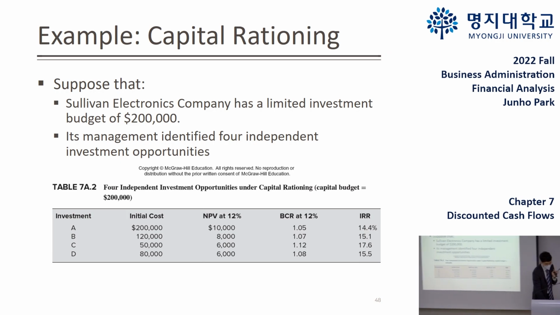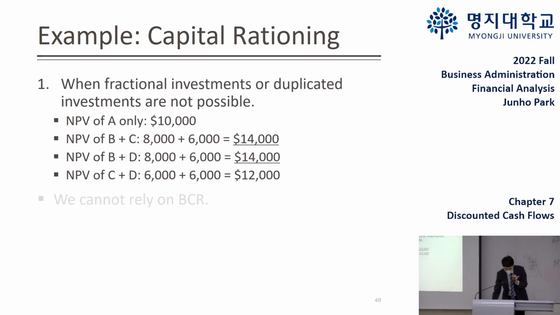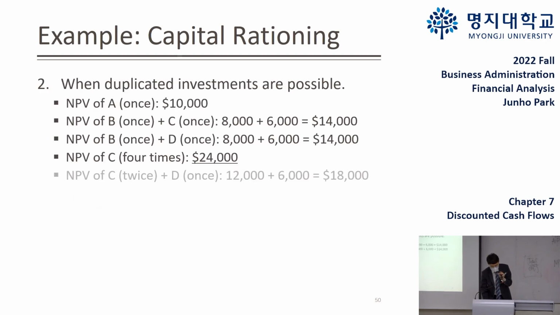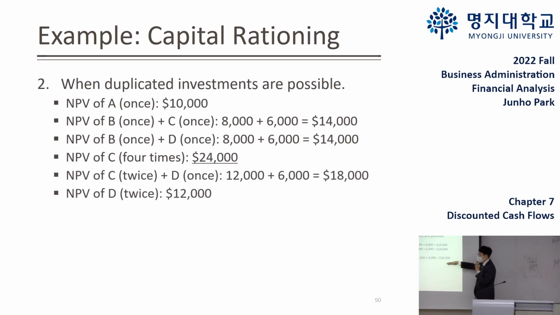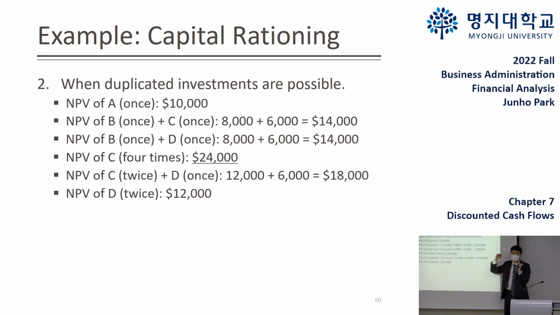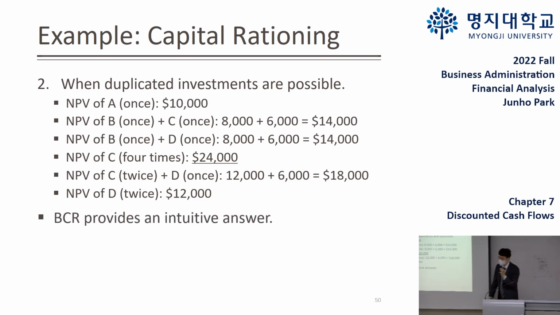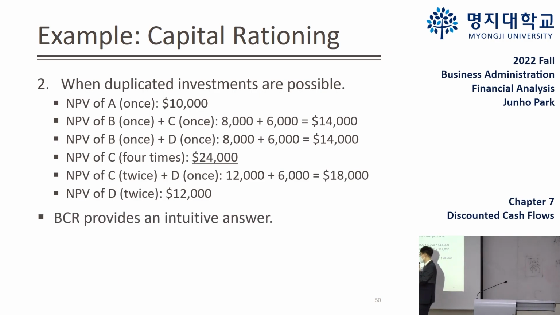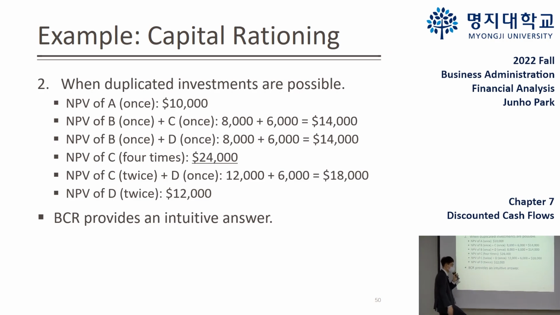So if we only use the NPV approach, then we have to care about a lot of alternative investment options, and then we have to compare each by each to get the highest value. However, in this case, we can just take a look at the BCR and choose the highest one.